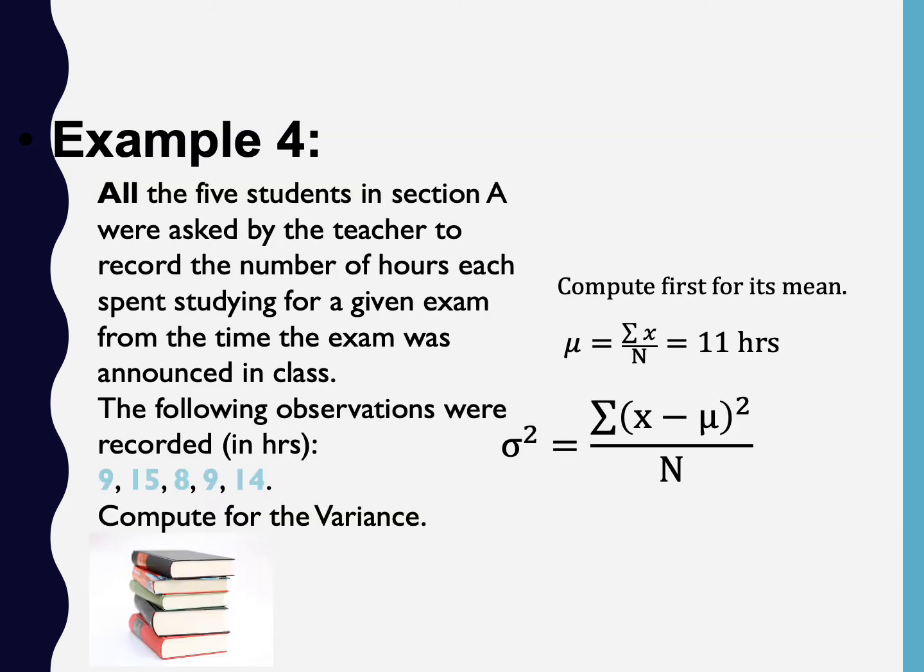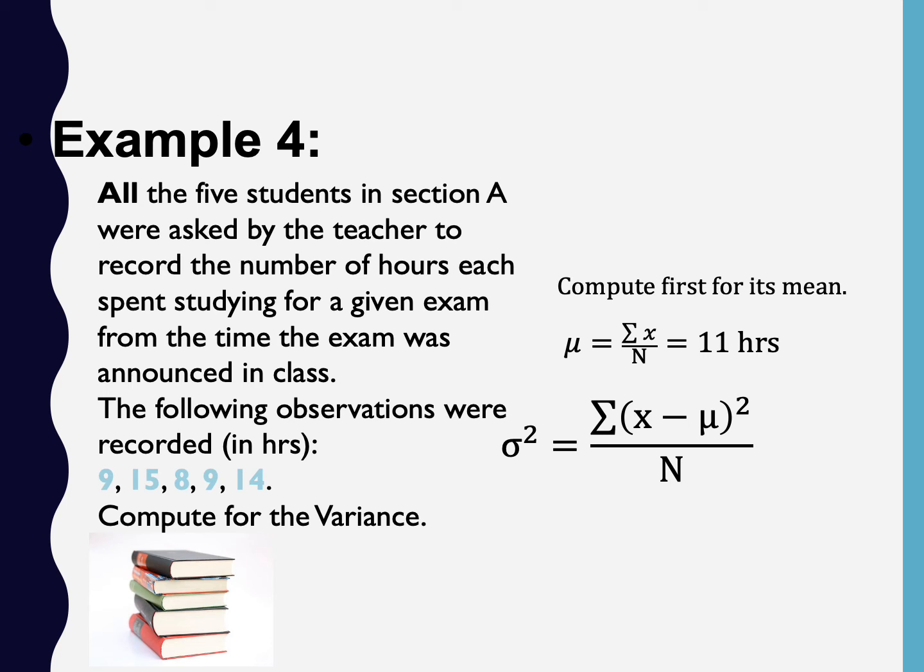So in this example, taking in consideration that you have all 5 students where your data were collected, it means that you're solving for the population. So compute the variance for that data set. So the population mean is equivalent to 11 hours.